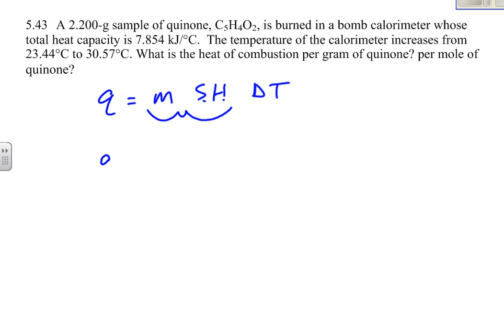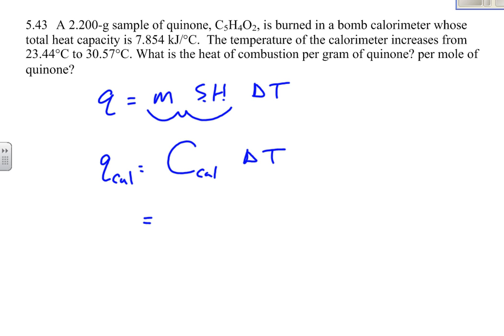And so you have the Q of the calorimeter is equal to what's called the calorimeter constant, or the heat capacity of the calorimeter, times the delta T. So you can see the problem above, we're given that value for the heat capacity of the calorimeter. We know the delta T, so we're just going to plug in and calculate the Q for the calorimeter.